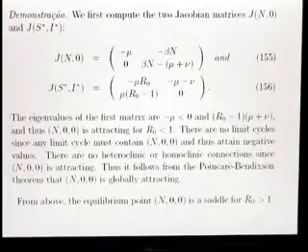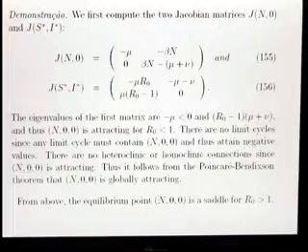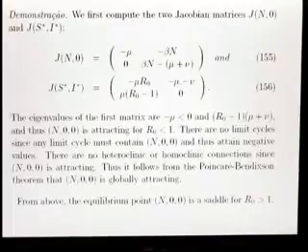Okay? What are the eigenvalues? Well, this is a triangular matrix, so you just read off the eigenvalues from the diagonal entries. So one eigenvalue is minus mu, and the other eigenvalue is this, which you can rewrite just using the definition of R naught as this. Now, we're assuming first that R naught is less than 1.